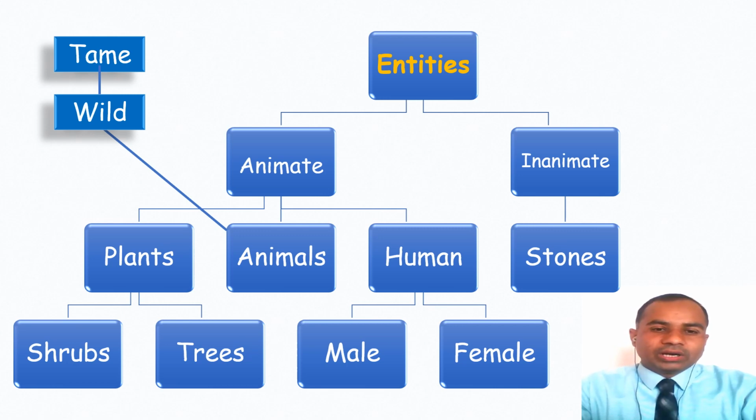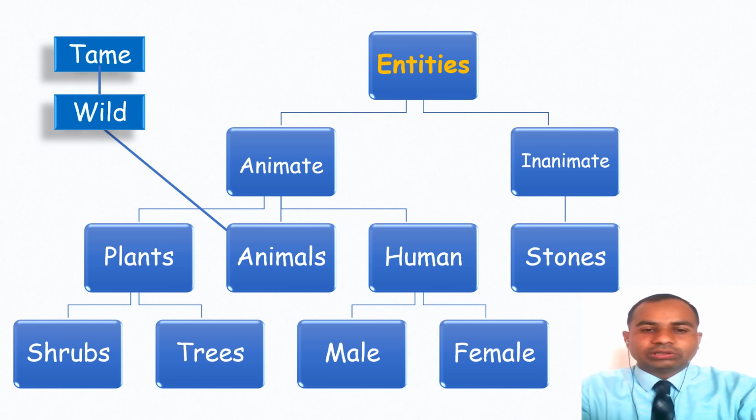And when we divide animate things, we have plants, animals, and humans. So the plants, for example, having less height can be shrubs, and having greater height may be trees, and some others like herbs having medicinal values.